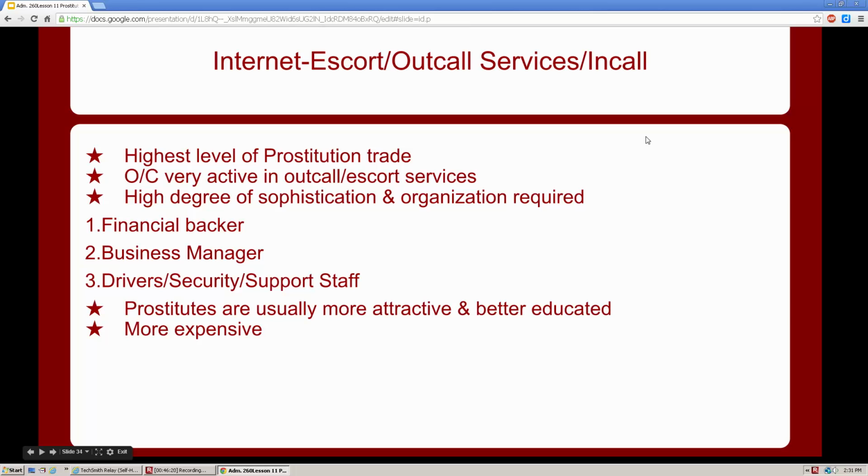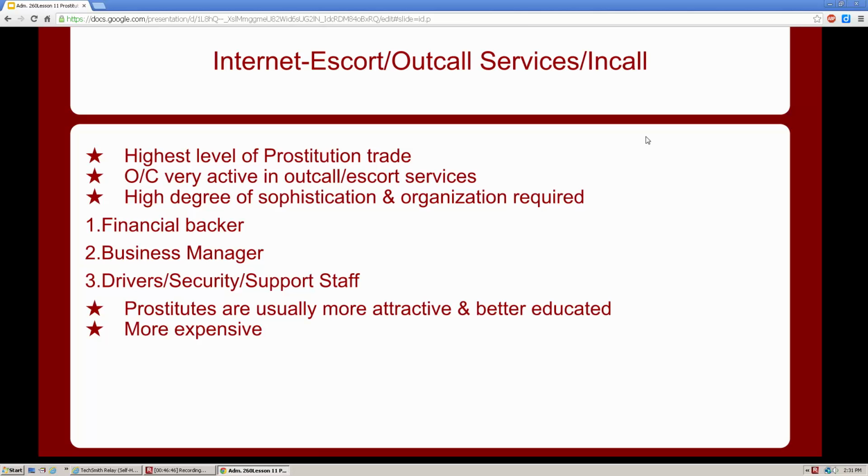Now, your out-call services, usually you start talking about high-end. This isn't strictly Backpage. They can advertise on Backpage, but their services are much more than the average. On Backpage, you're going to pay anywhere between $60, $70 up to $300 is about the usual.